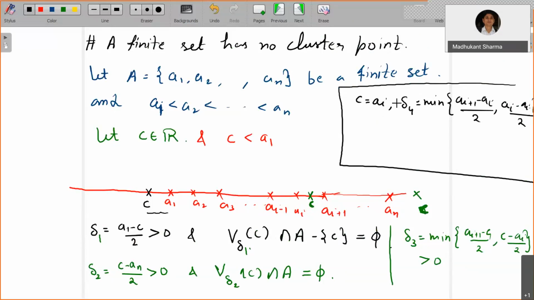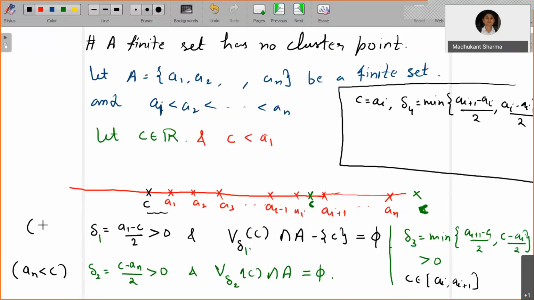Then this delta 4 will work for the same. Here c belongs to the interval a_i to a_i plus 1. For this case, a_n is less than c.